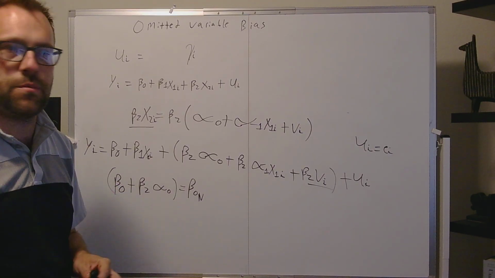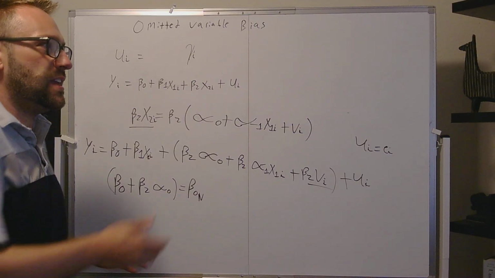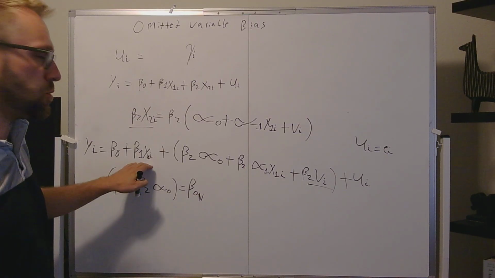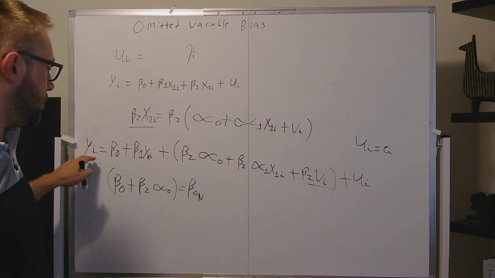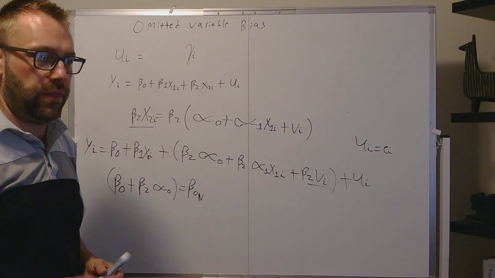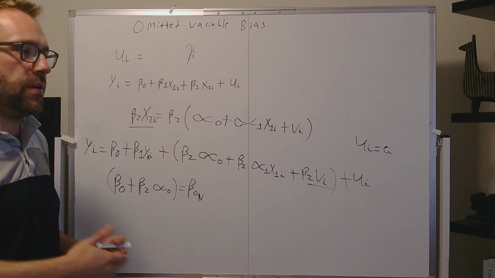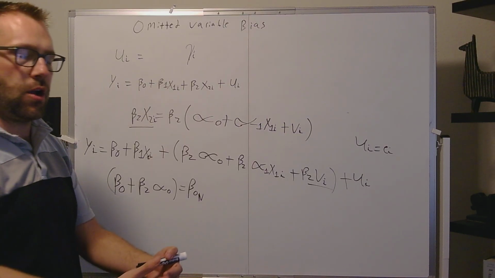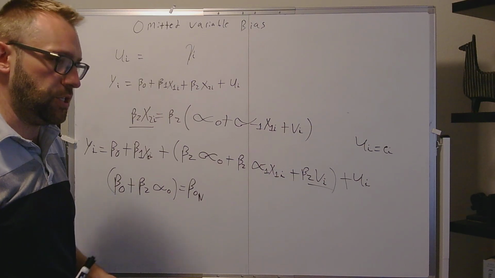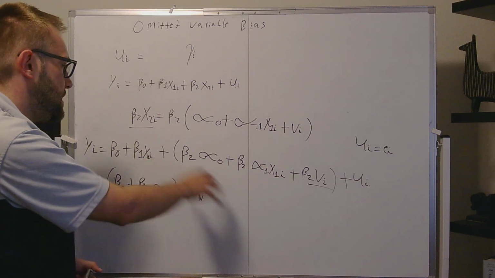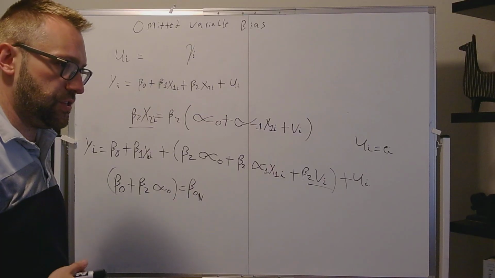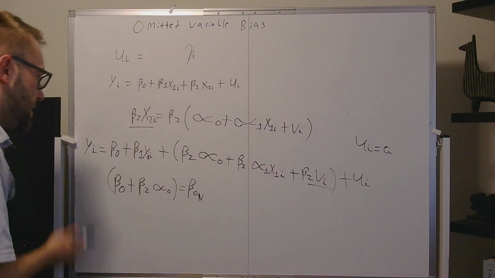So calculus-familiar students who get this, if you take the derivative with respect to x1i out of the function, what do you end up with? That's what we're worried about, is how does a variation in education cause a variation in wages? And so that's what we're trying to isolate with all of this stuff. So that's how I want you guys to think about this.